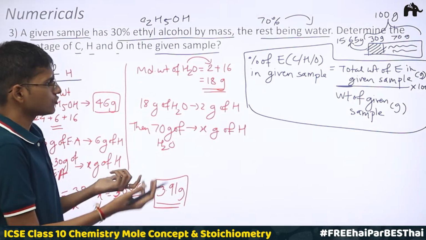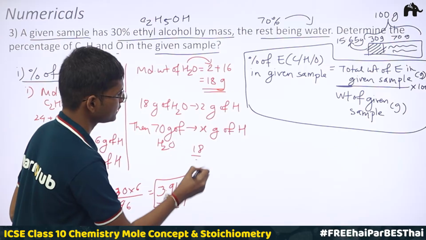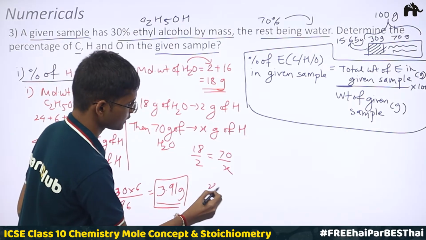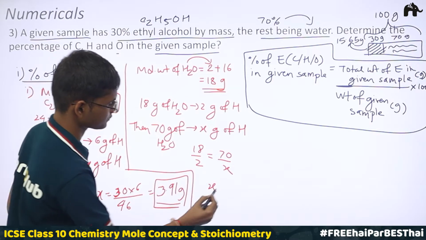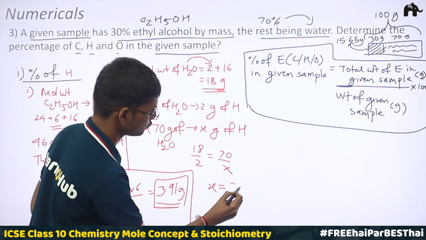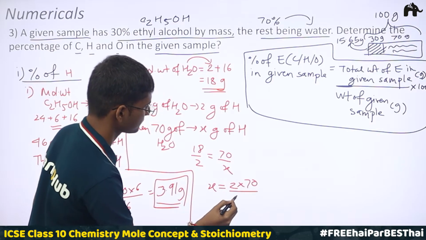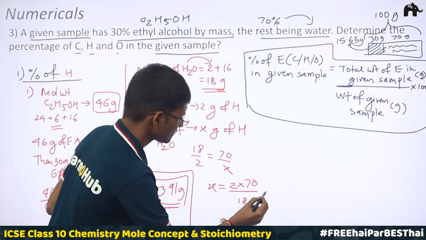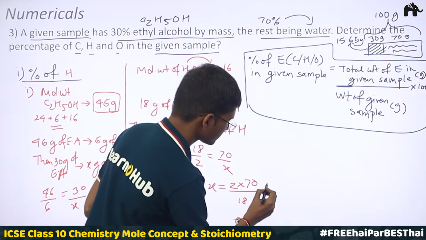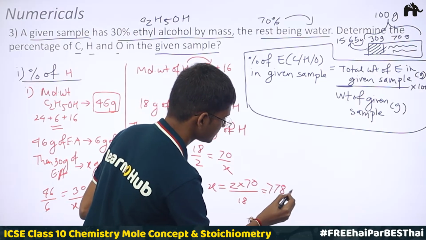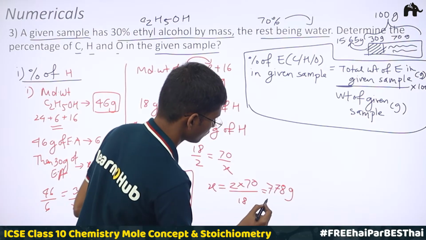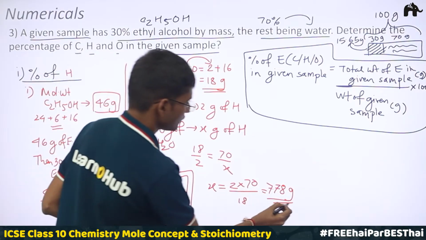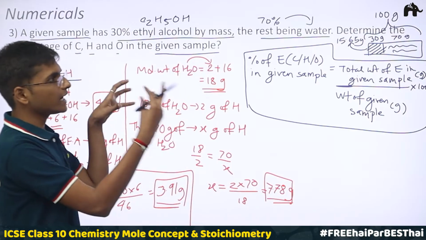Again, the same thing, we will solve for X. So 18 by 2 is equal to 70 by X. So X is equal to 2 into 70 by 18, right? After solving this, you would roughly get the answer around 7.78 grams. Okay. Very clear.